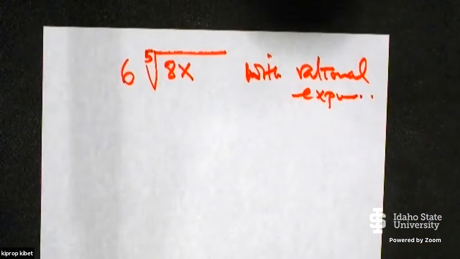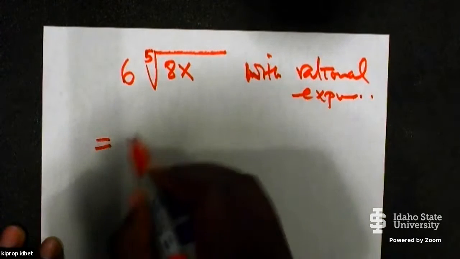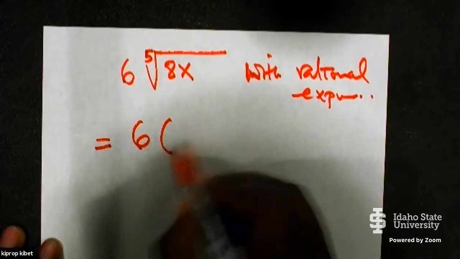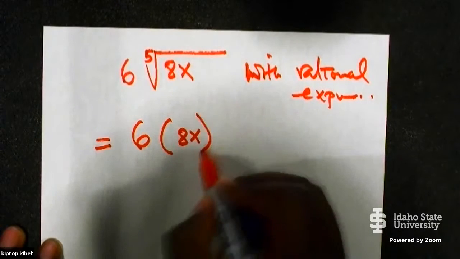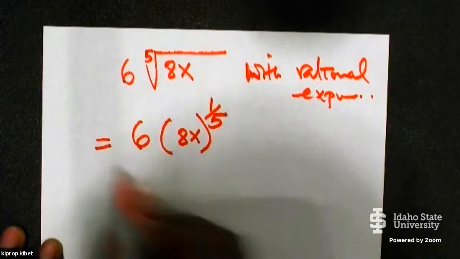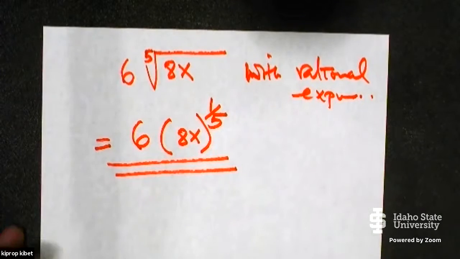So how should we write that? So this is equal to what? 6 and then 8x, all raised to what? 1 all over 5.